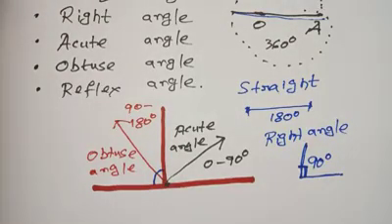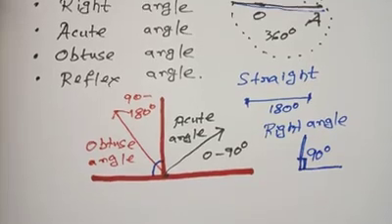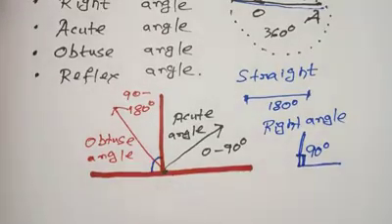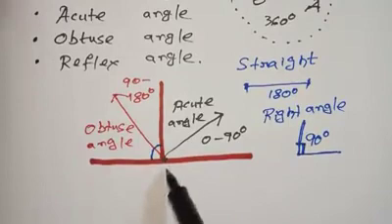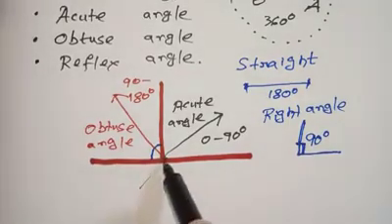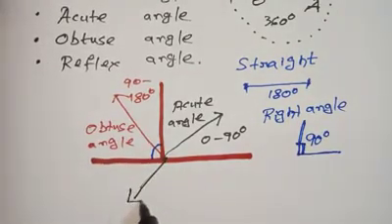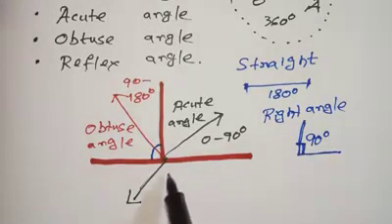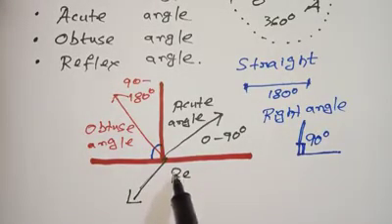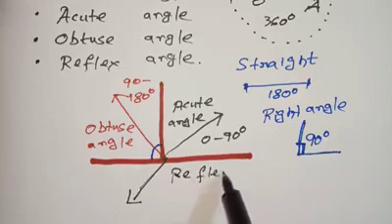Now let us come to the final part. If we draw a line here, this is called a reflex angle. Let me write it: this is a reflex angle.